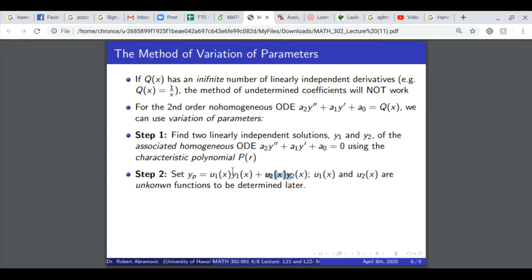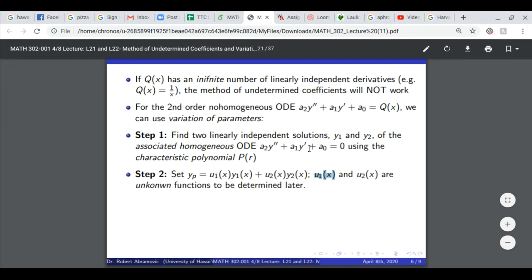So u1 of x and u2 of x can be thought of as functions serving as parameters. They are unknown functions to be determined later. That's why instead of undetermined coefficients, it's variation of parameters. u1 of x and u2 of x are the parameters in this case.